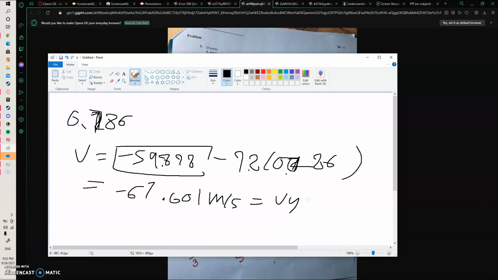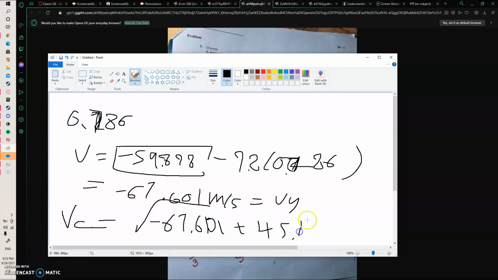And then we're going to find the resultant velocity through doing this, plus 5.136.